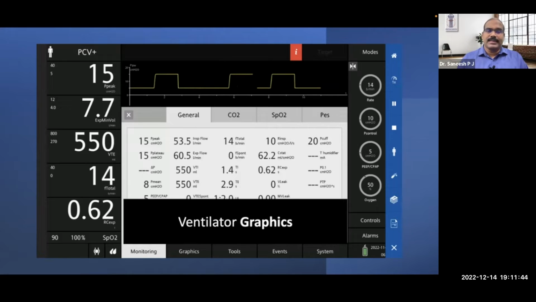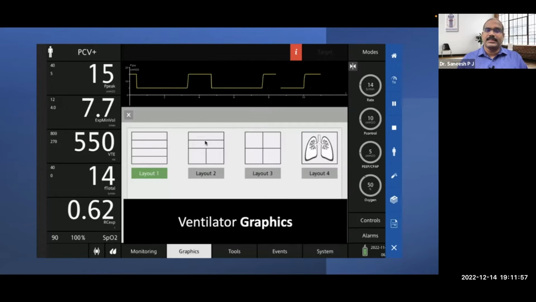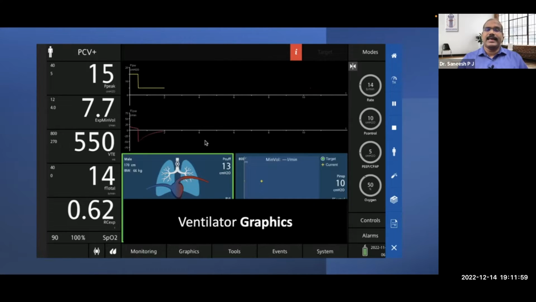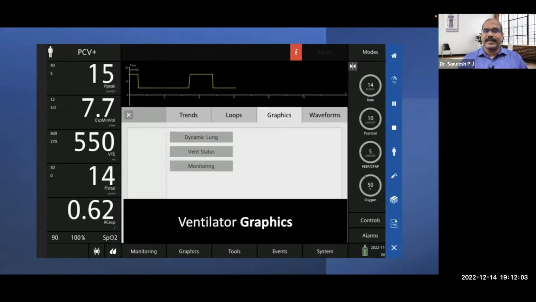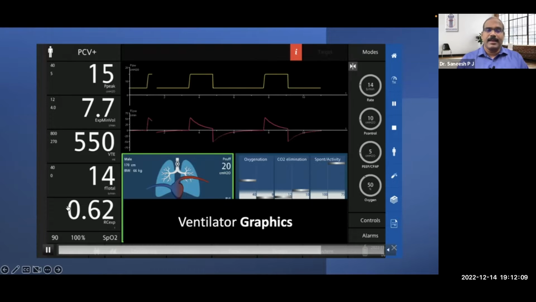Most modern ventilators give further details like compliance, P-plateau, expiratory flow, inspiratory flow, static compliance, a lot of things. So the graphic interface has become so advanced that it actually intends to help in better healthcare delivery.